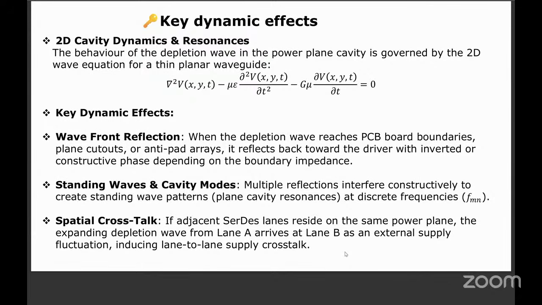If adjacent SerDes lanes reside on the same power plane as a reference, the expanding depletion wave from line A arrives at line B as an external supply fluctuation, inducing line-to-line supply crosstalk. This looks like power-induced jitter. There are 3 jitters, and one of them is power-induced jitter that happens purely due to the dynamics of the power and ground planes. Okay, next page, please.